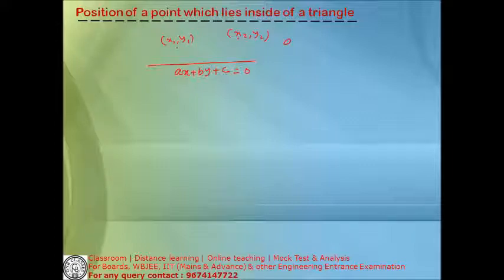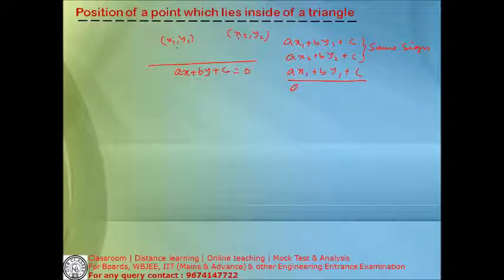Then the values of the expressions ax1 plus by1 plus c and ax2 plus by2 plus c will have the same sign. That is, the ratio of these two values will always be greater than 0, when the two points are lying on the same side of a straight line.